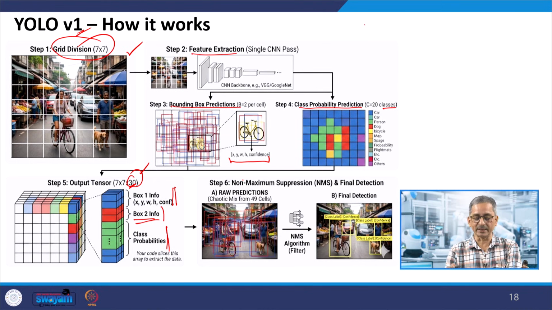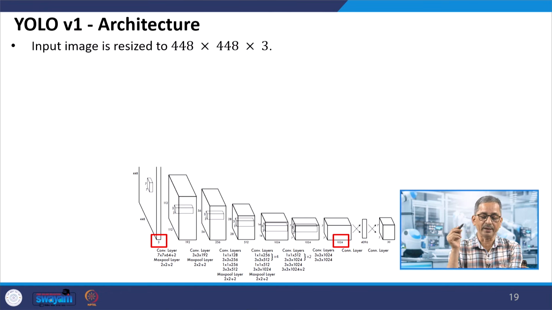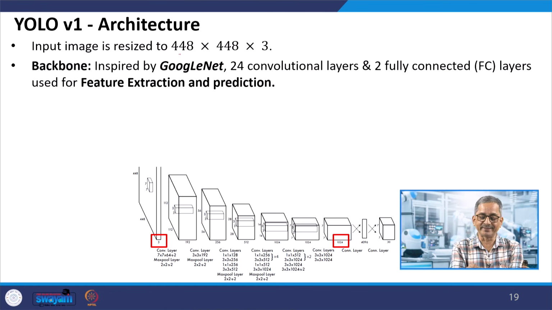In step 6 we have the non-maximum suppression and the final detection. Here we have the 49 cells, and in the final detection we are indicating the boxes as well as the class label confidence.